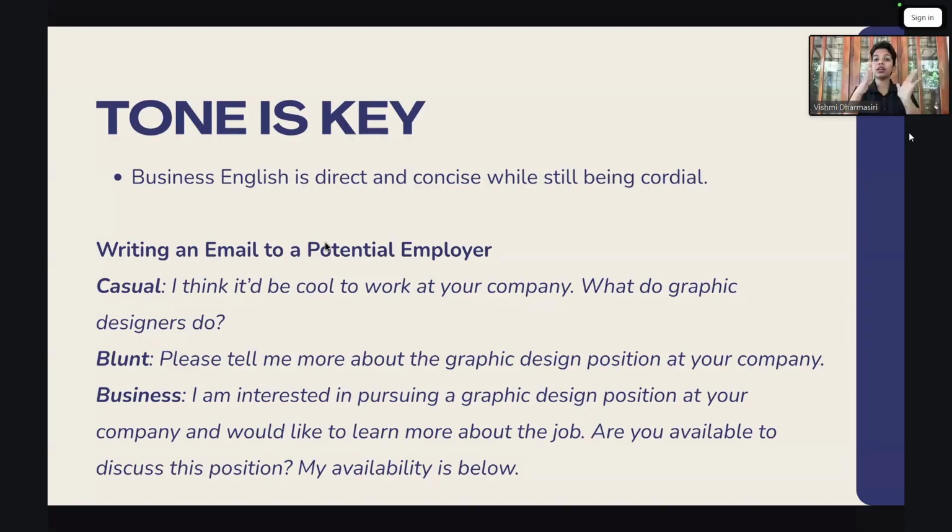You are trying to give and get as much information as you can through your interaction to avoid repeating yourself or wasting your and the other person's time. So that is how business English becomes different, or separated, from general English.